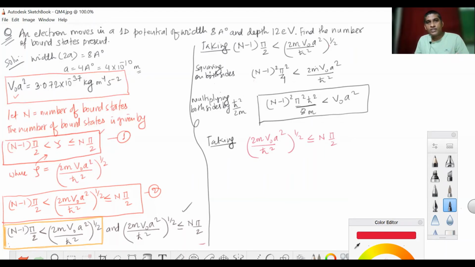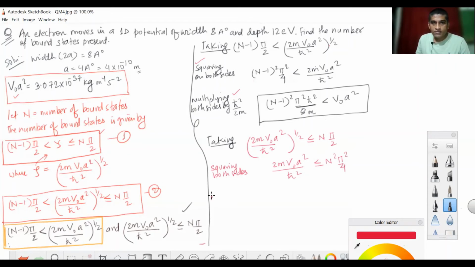Now, as we did earlier, first we take square on both sides, and then we do this. So squaring both sides, we can write twice m V naught a square by h bar square is less than or equal to n square pi square by 4. So this sign is not going to change.